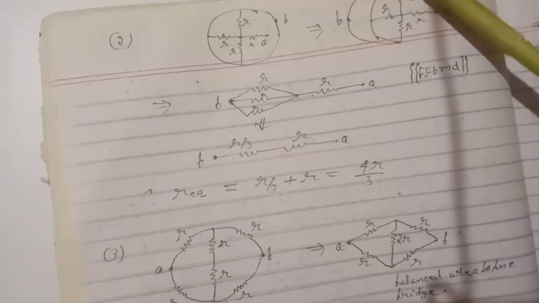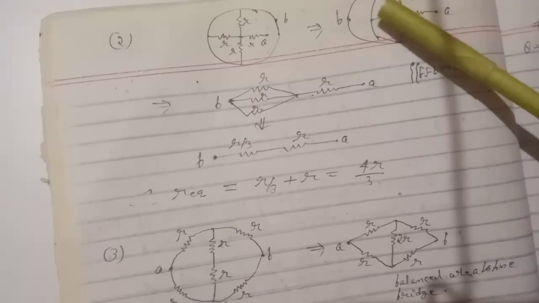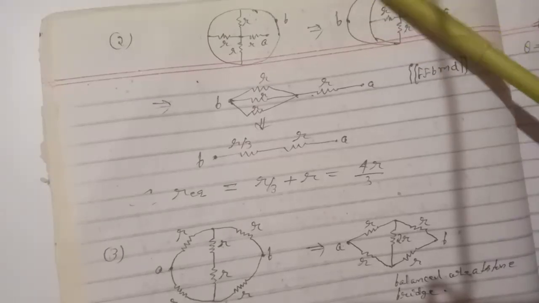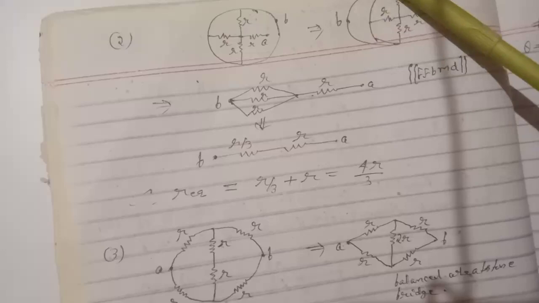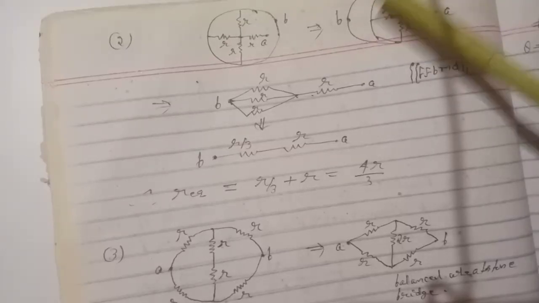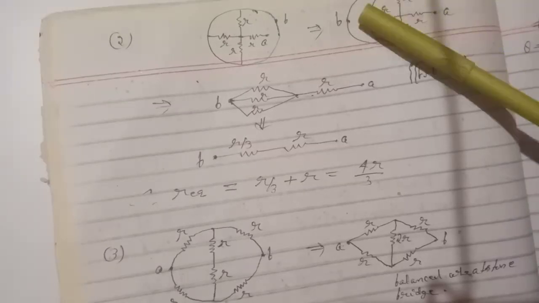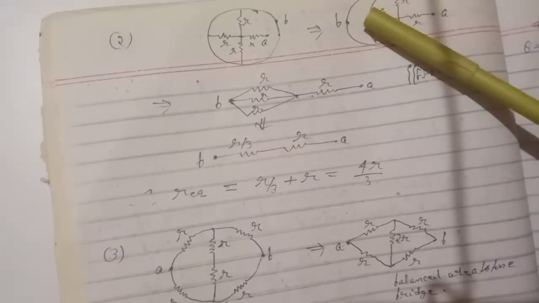So for example, the end of this resistance is connected here. Again, the end of this resistance is connected here, because there is no resistance in this line. So both these points will be at one point, because there is no potential drop along this line. So we can connect it to one place.